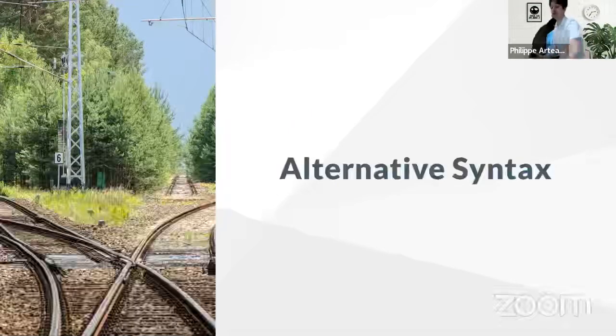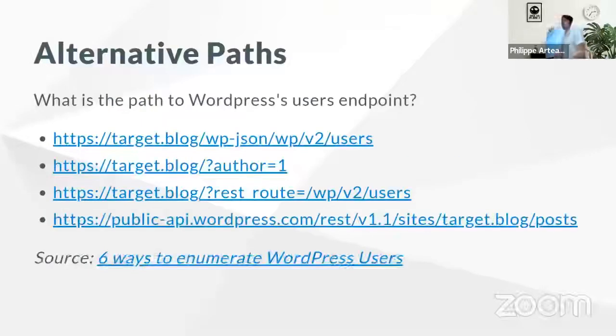So the first technique, you'll see, is maybe too obvious or too simple, but often people forget about it. If some specific path, parameter, or keyword is blocked, the first step should be trying to find an alternative. An example of this is on WordPress.